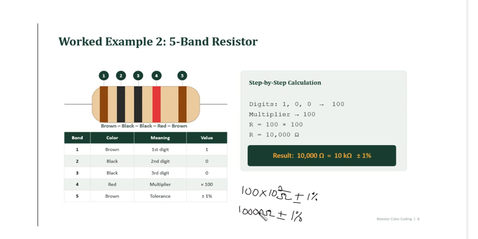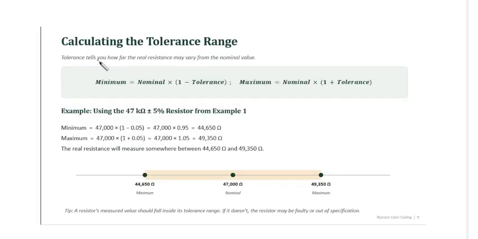So for us to understand that, we have to first of all calculate this percentage of the nominal value. So 1% of that nominal value is like saying 1 over 100 multiplied by the nominal value, which is 10,000. So 1 over 100 times 10,000 will give you 100, right?